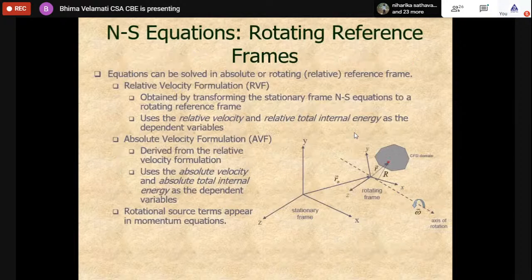So what exactly are we doing when we solve for rotating reference frames? All we're trying to do is, if I have a stationary reference, you take a coordinate system. This is a coordinate system for a stationary frame. Then I take a coordinate system for a rotating frame, with respect to which rotation I would write my Navier-Stokes equation.